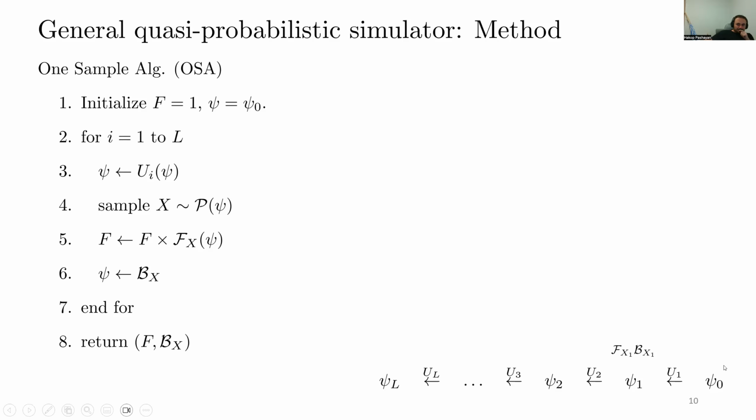So we started with psi 0, and we applied u1 to get psi 1, and we've just done this step, and we have psi 1 here. And instead of remembering psi 1 going forward and applying u2 to it, what we're going to do is sample a phase point, and let's call that x1. When we sample a phase point x1, we're no longer going to represent psi 1 as u1 acting on psi 0.